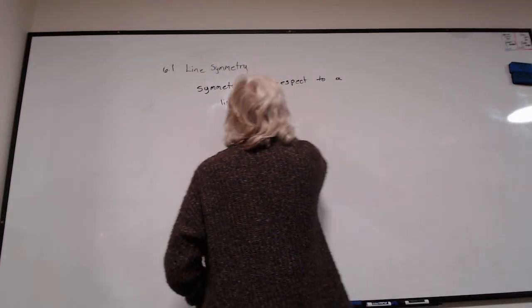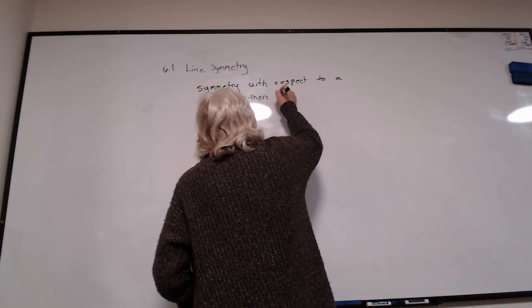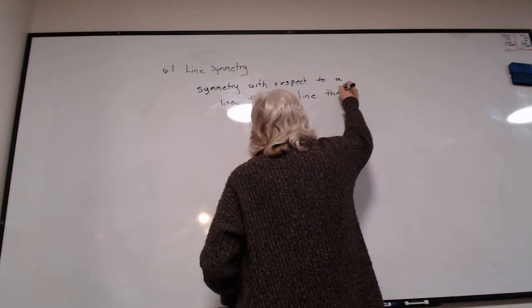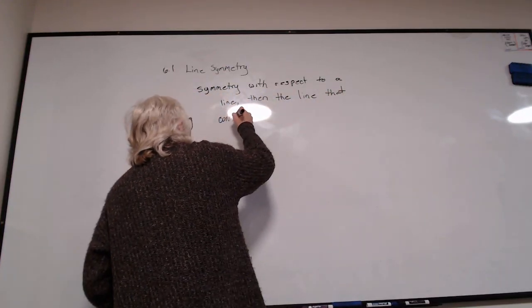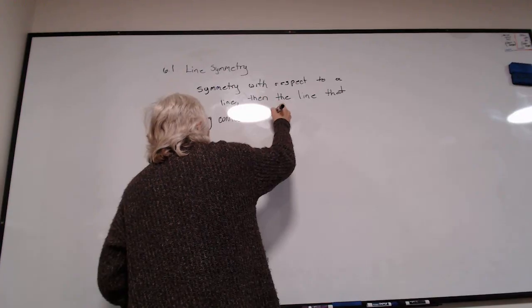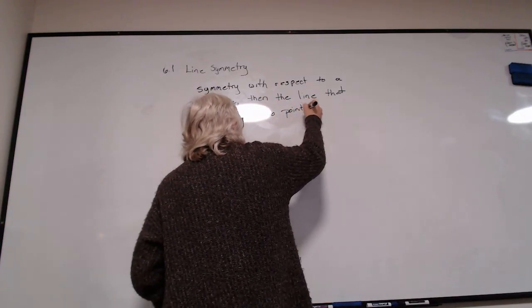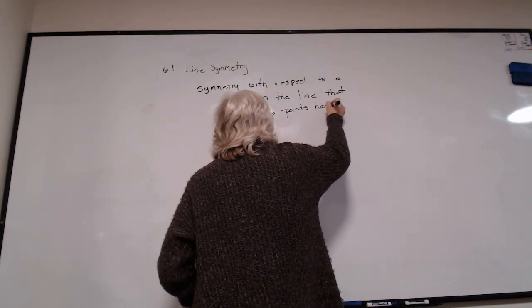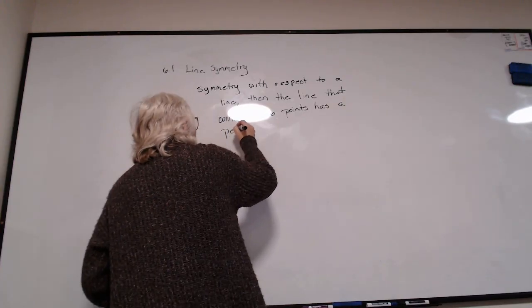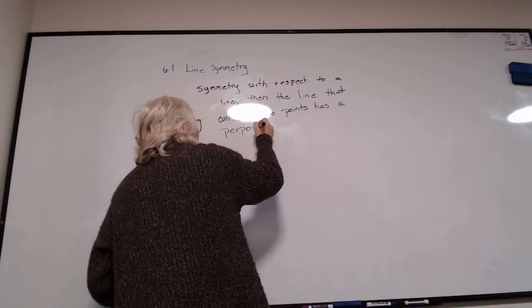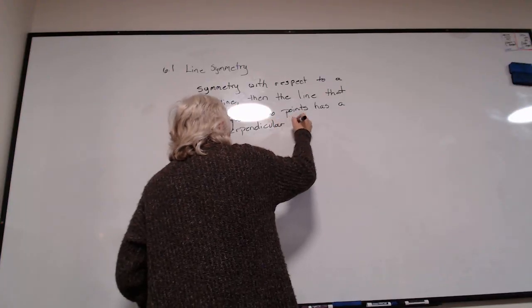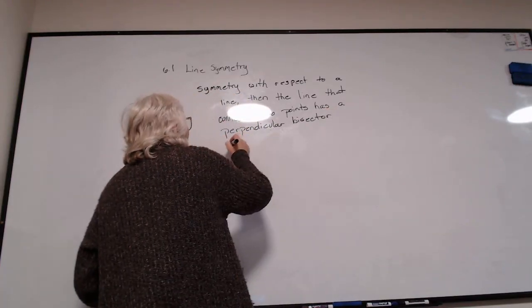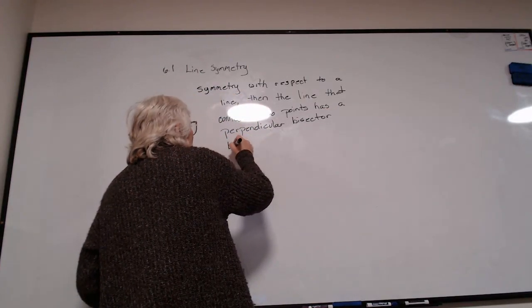So symmetry with respect to a line means the line connecting 2 points has a perpendicular bisector between them.